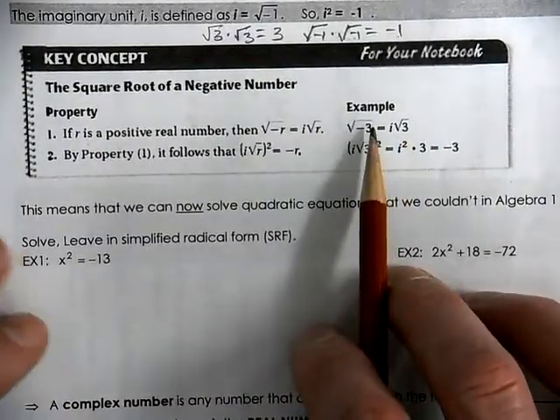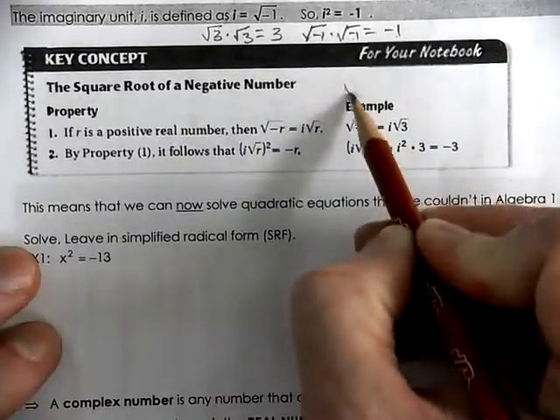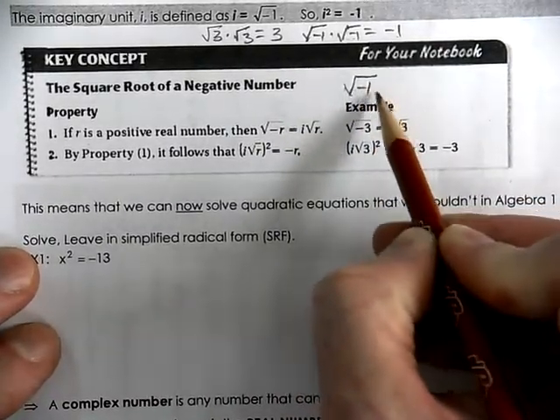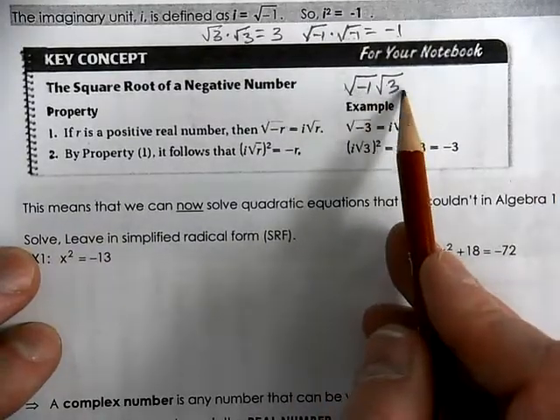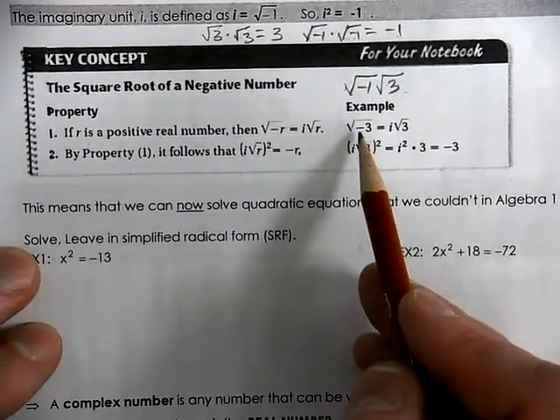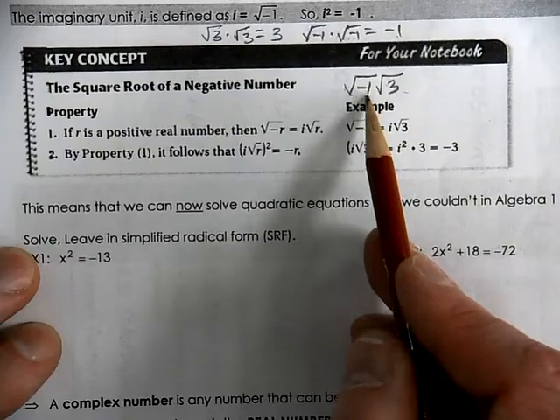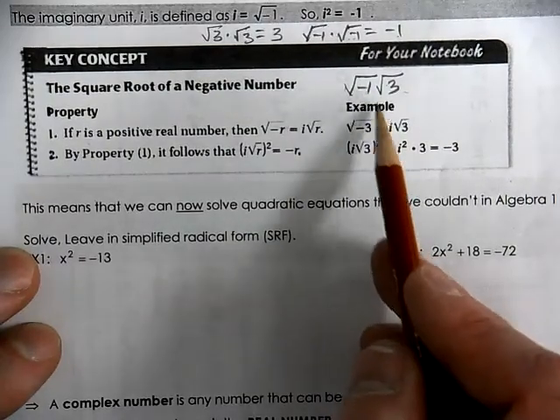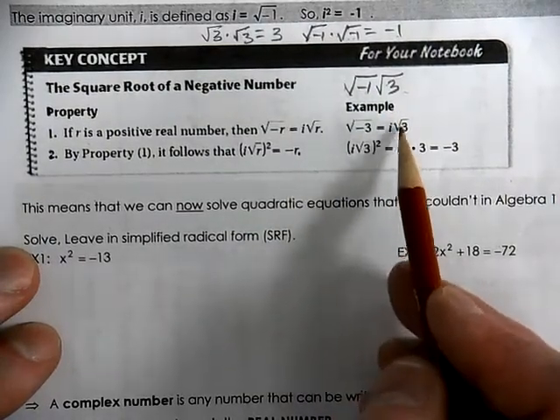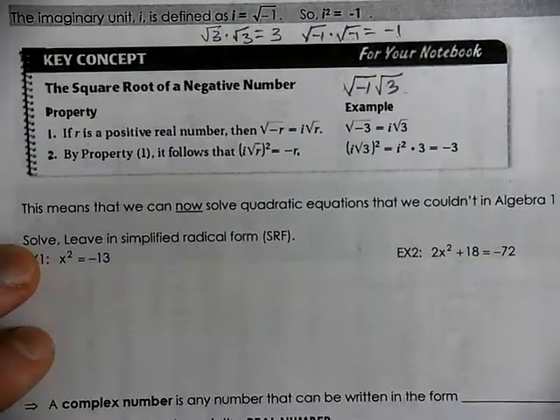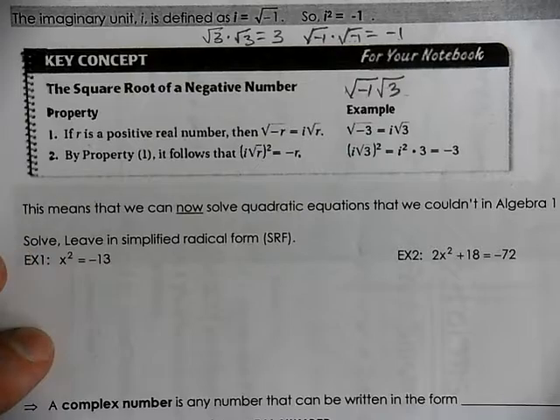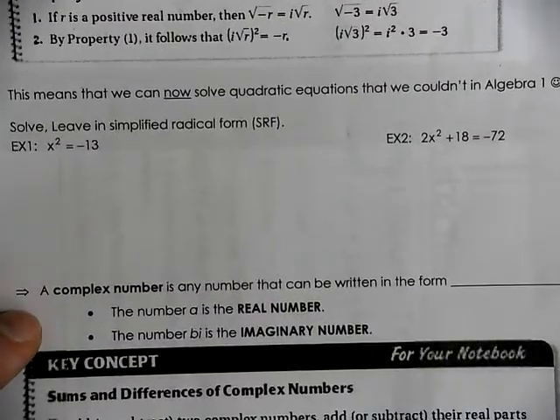So in this case over here, we're taking the square root of negative 3, and we are pulling the square root of negative 1 out from it. And then we replace the square root of negative 1 with the i, and it's i root 3. So we'll come down here and give it a try.